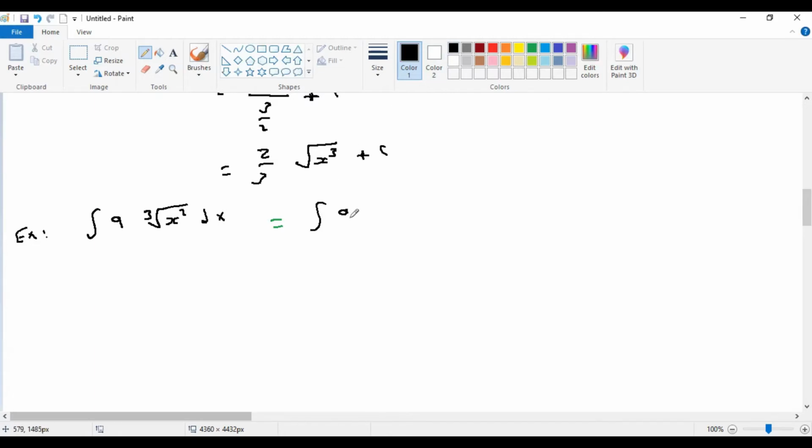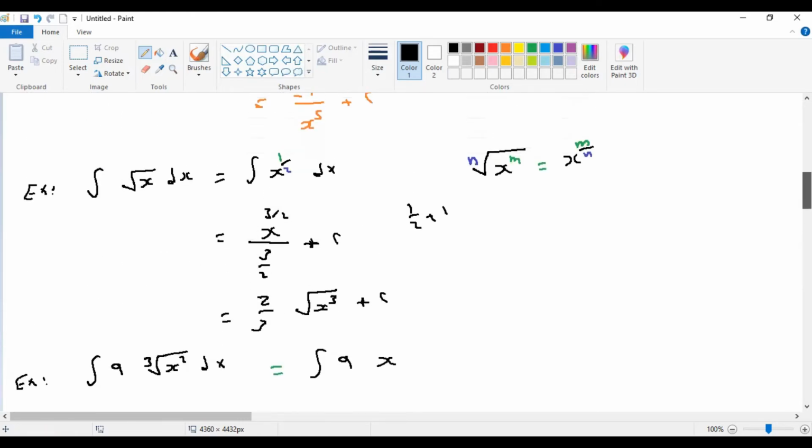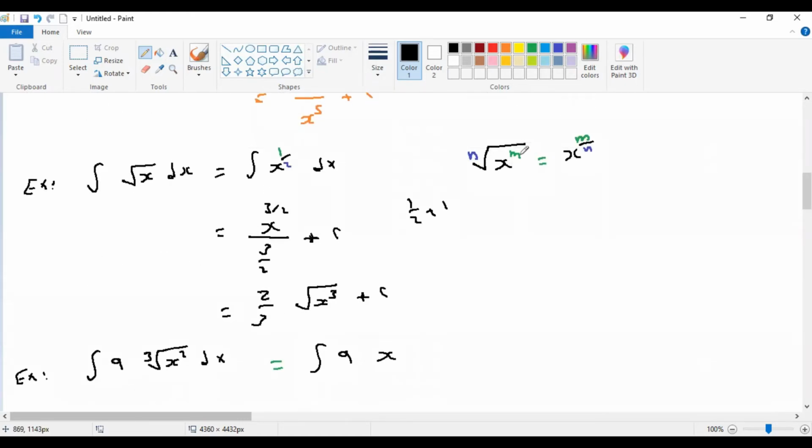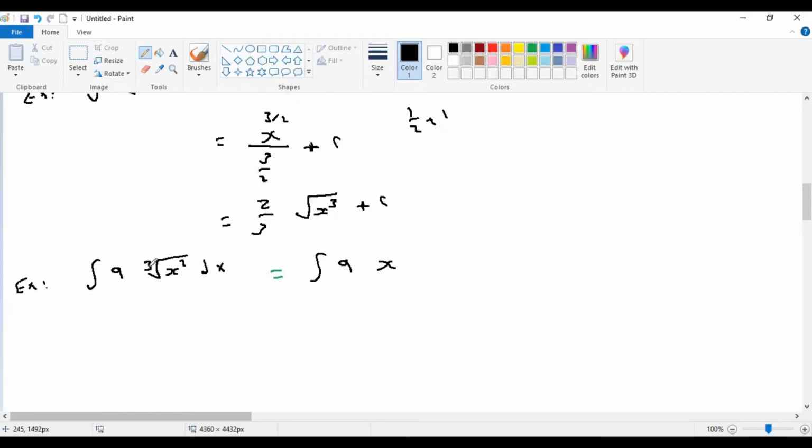We have to write it as we said here: the nth root of x^m converts to the rational exponent x to the power m over n. So what is m here? The m is 2 and the n is 3. So it will be x to the power 2 over 3 dx, equal to k, write it out.